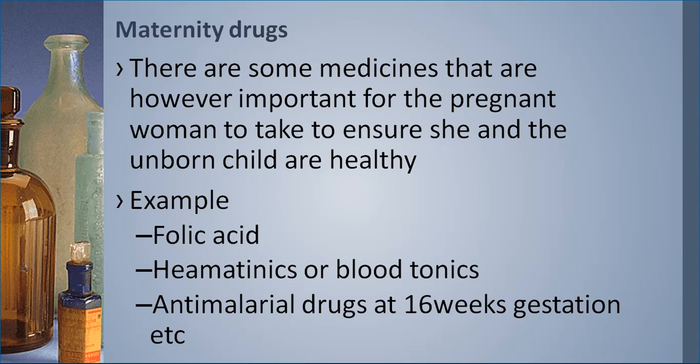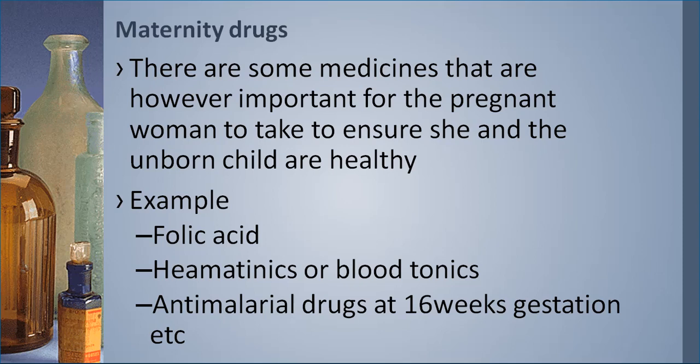Some of these medicines are what we call the maternity drugs, like folic acid. Folic acid will help to prevent a condition called a neural tube defect. When they don't take the folic acid, the mother or the unborn child can have a neural tube defect, and this is important for the mother to notice and take.